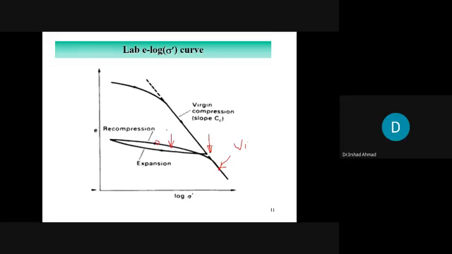So when the present stress is less than the past stress, it would be on the recompression curve. But once the stress is more than the past stress, like this is greater than the past stress, it is linear. So you got the idea? If you have any question, you can ask.